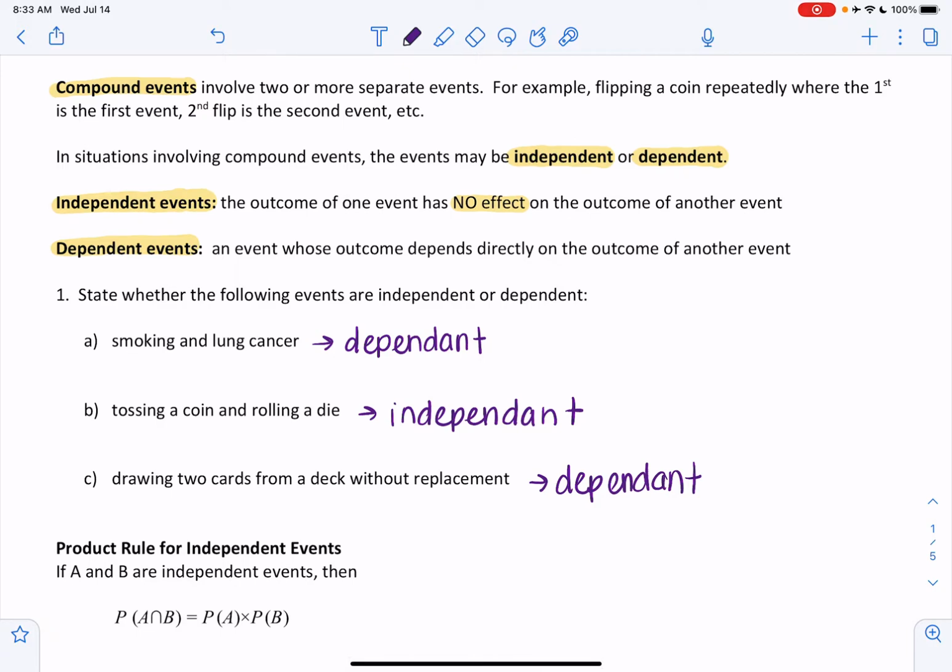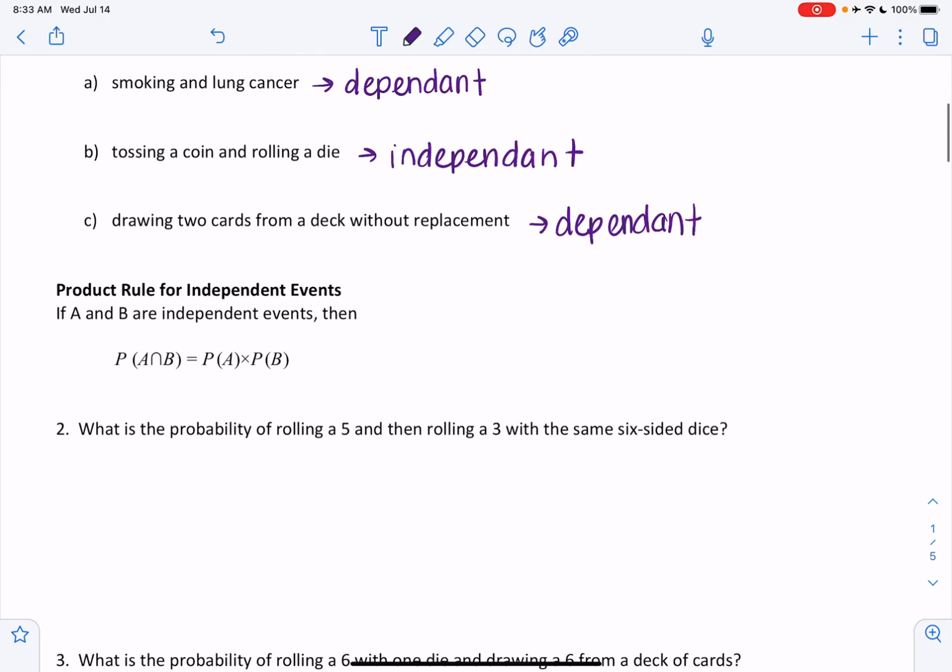So we have some rules here for independent events. When I'm looking at a situation, it's really important that I think to myself, are these events independent or are these events dependent? If I determine that they are independent events, I can use the product rule.